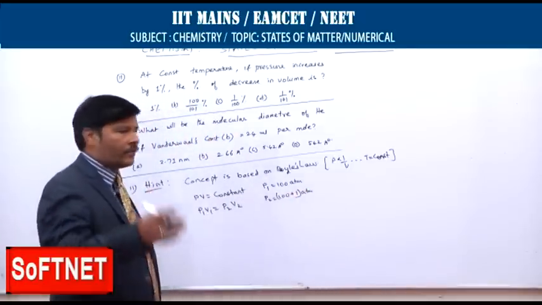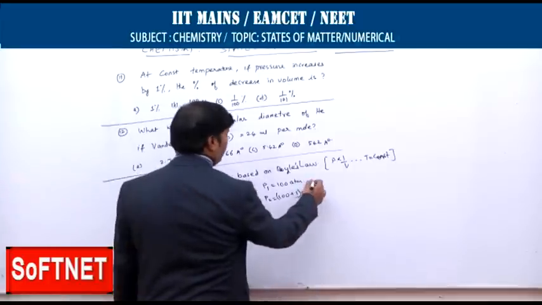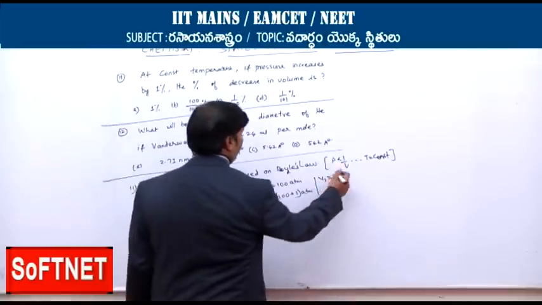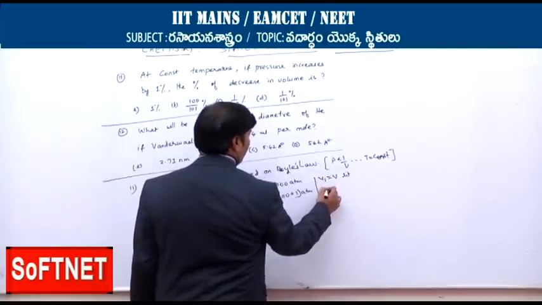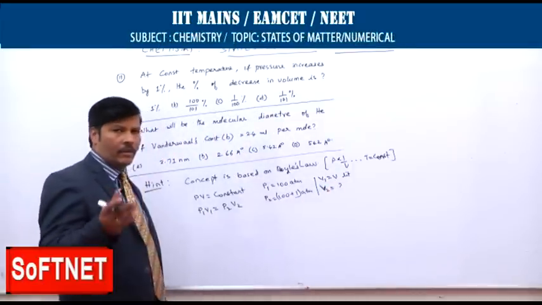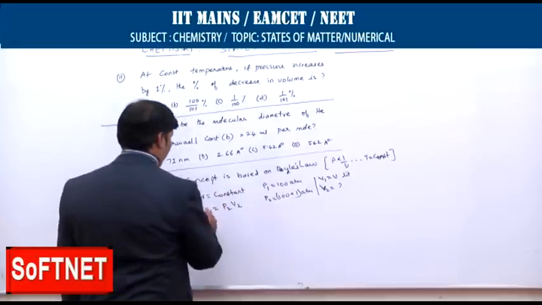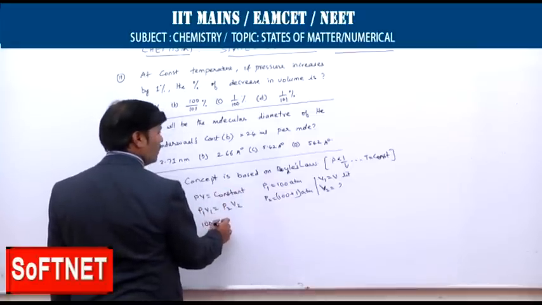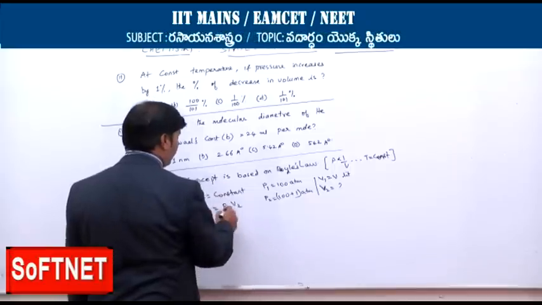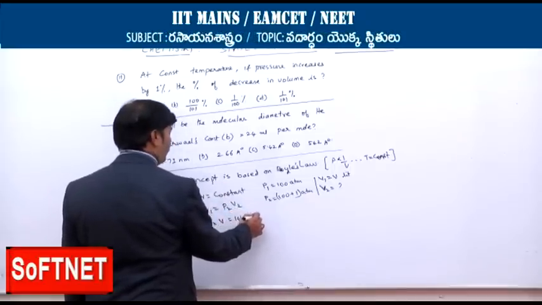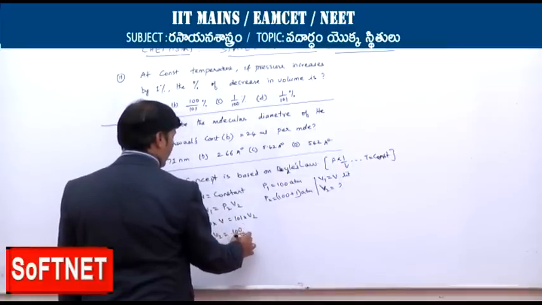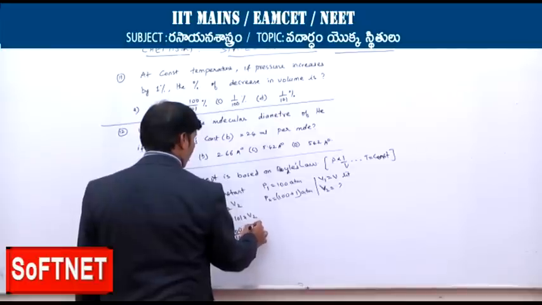Then initial volume, let V1 is equal to V liters and V2 is equal to question mark. That means we have to calculate the final volume. So P1 is 100, V1 is V, is equal to P2 is 101 into V2. So, therefore, V2 is equal to 100V by 101 liters.